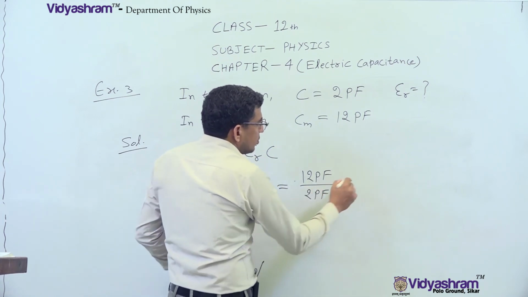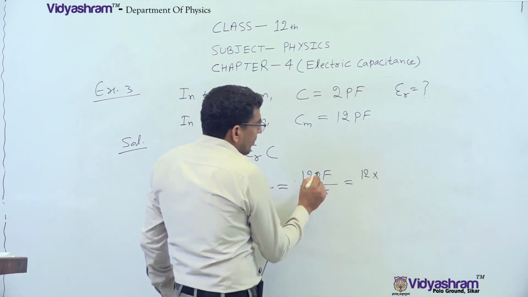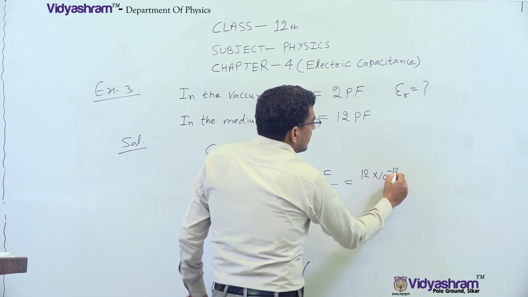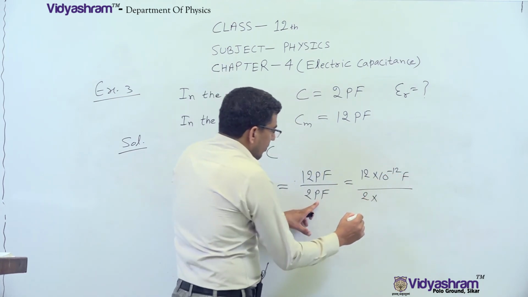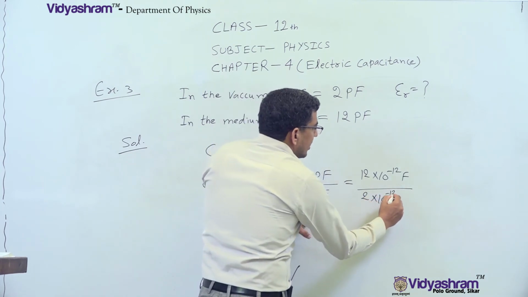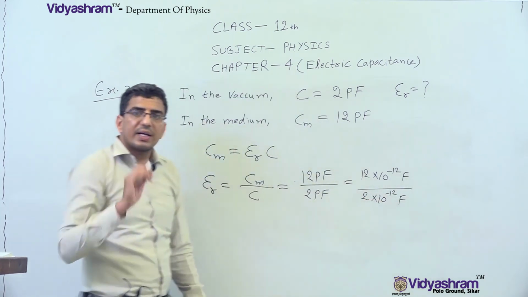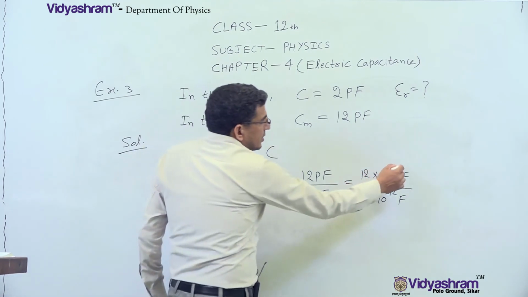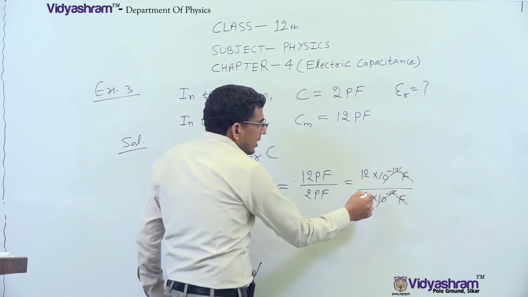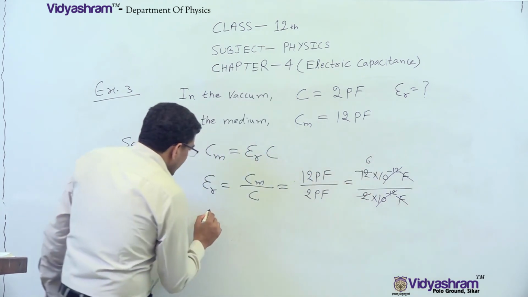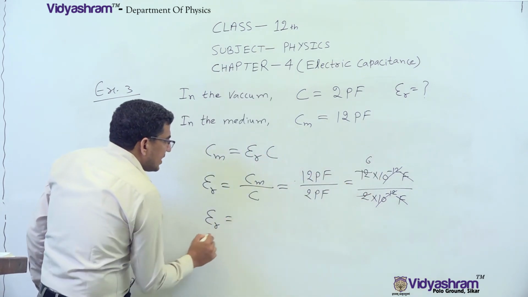Pico means 10^-12 farad, so 10^-12 farad cancels in numerator and denominator. So what is the value of epsilon r? It is 6.